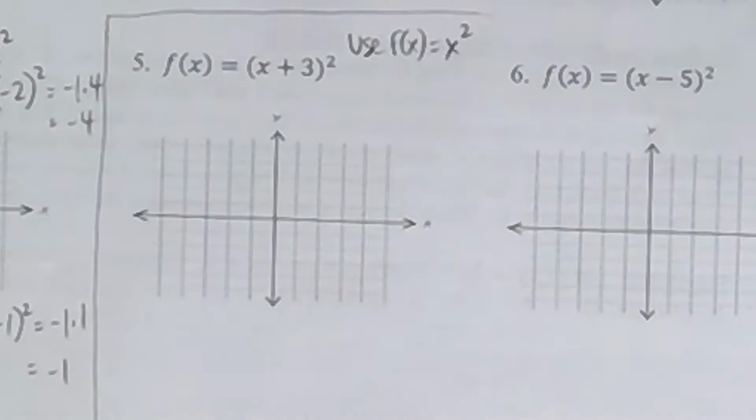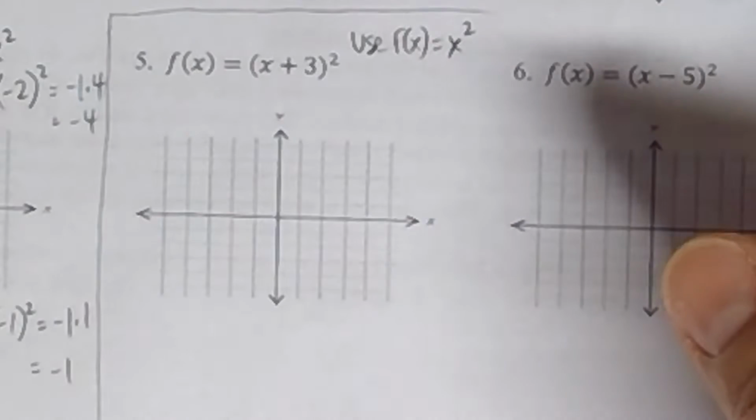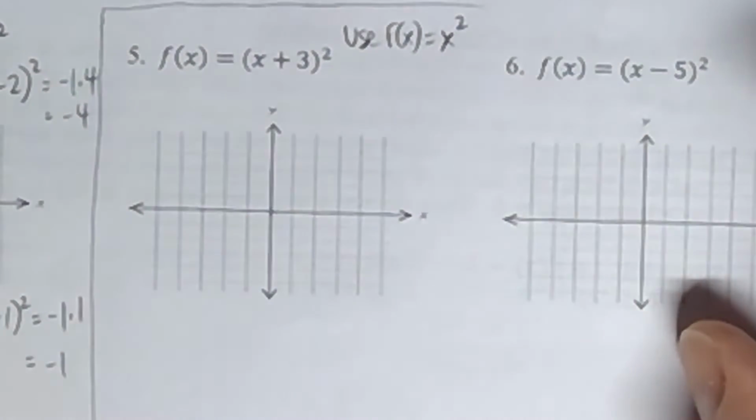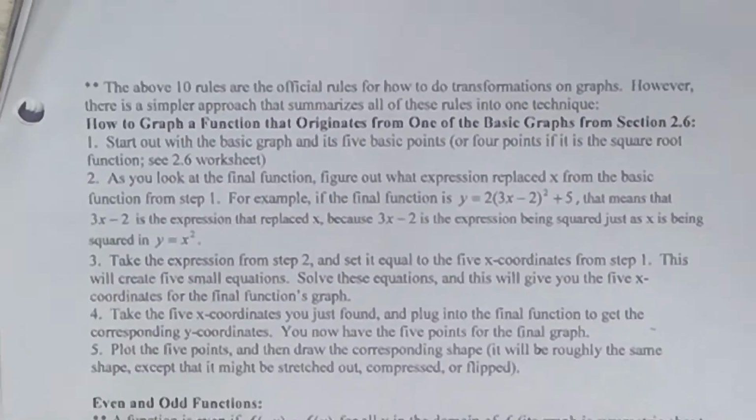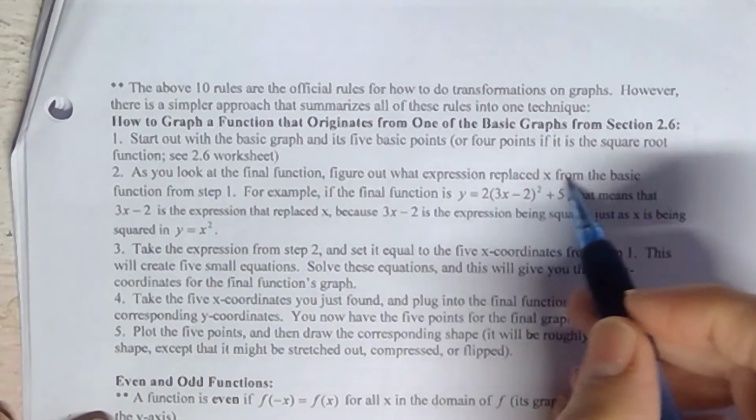But as I'm retrieving that, because the thing being squared is not x this time, we need to realize that we need to do steps 2 and 3. Step 2 says, figure out what expression replaced the x.